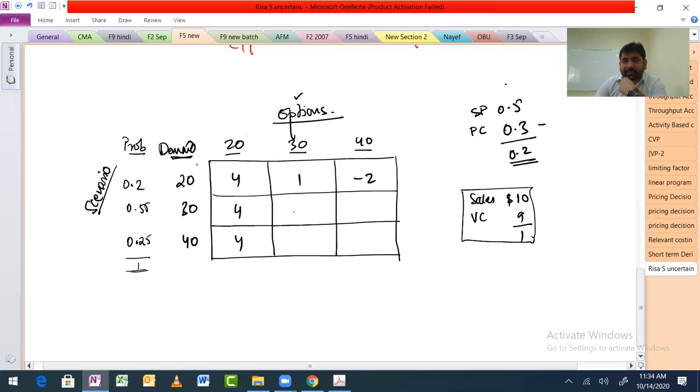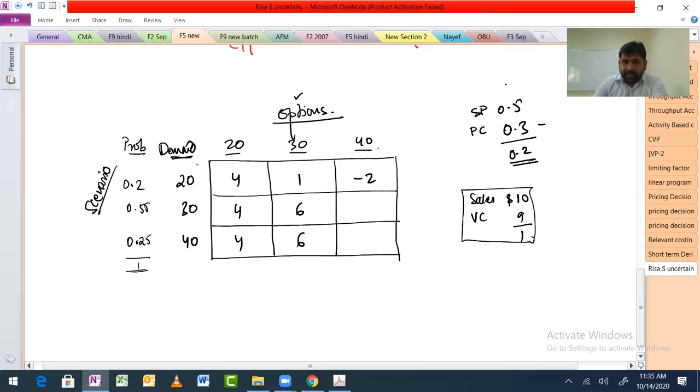Buying 30, selling 30. So 0.2 into 30 will give you 6. Correct? And buying 30 when demand is 40, you will still be able to sell only 30, so this will remain the same. Are we fine with that?